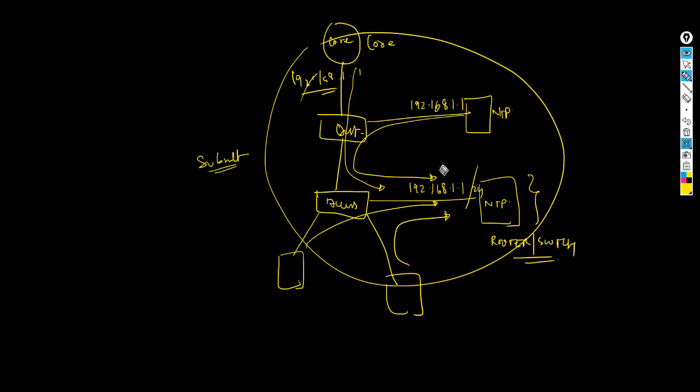So what happens is we don't need any routing, we don't need any sort of extra cables, or need the infrastructure to be complex. So this is a simple way of configuring NTP. And sometimes we can also have NTP refer to the internet as well.